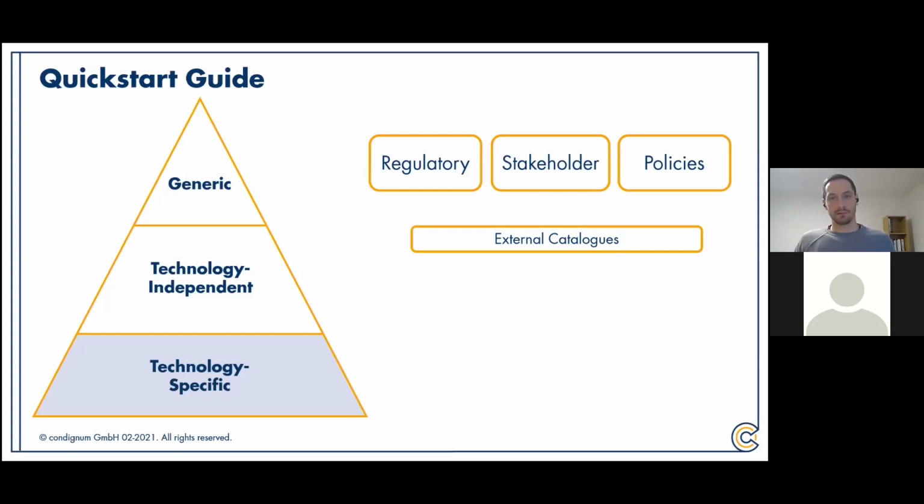Like I said, for example, have a look at all the OWASP stuff or the stuff from the Center for Internet Security, things like that. And also have a look at all the reports from previous incidents or security audits within your company.